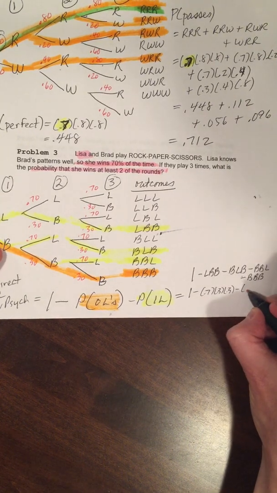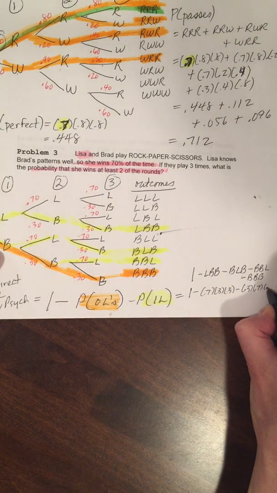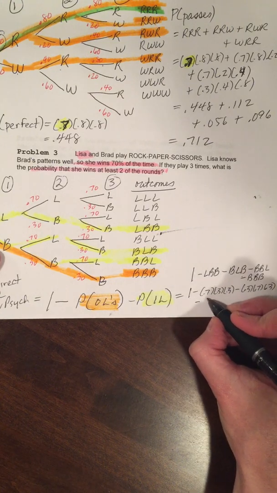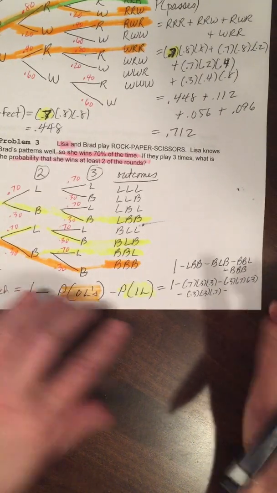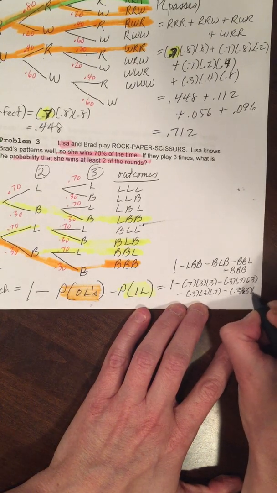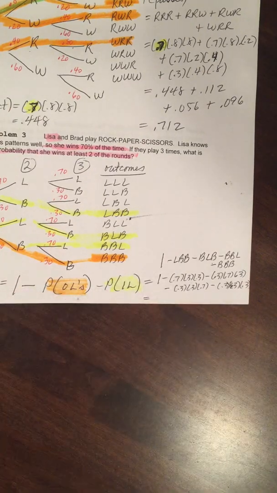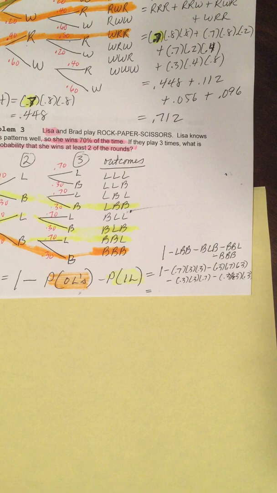Brad, Lisa, Brad: 0.3 times 0.7 times 0.3. Brad, Brad, Lisa: 0.3 times 0.3 times 0.7. And Brad, Brad, Brad: 0.3 times 0.3 times 0.3. Sorry about the spacing, guys. I might have to get another little paper underneath here. Let's get the calc out.